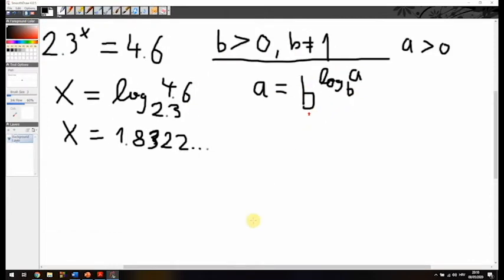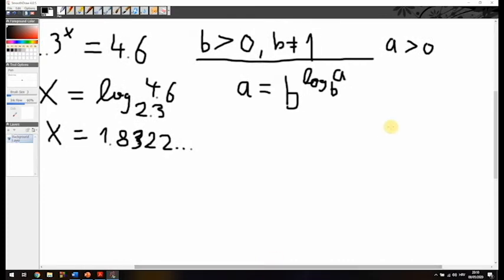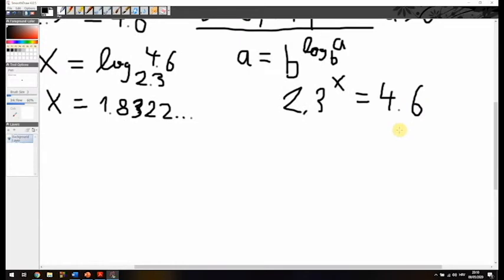Okay, so let's go here. We have 2.3 to the power of x equals 4.6. And I'll pick an arbitrary base, and it'll be 10, and I'll write down both these numbers as powers of 10.